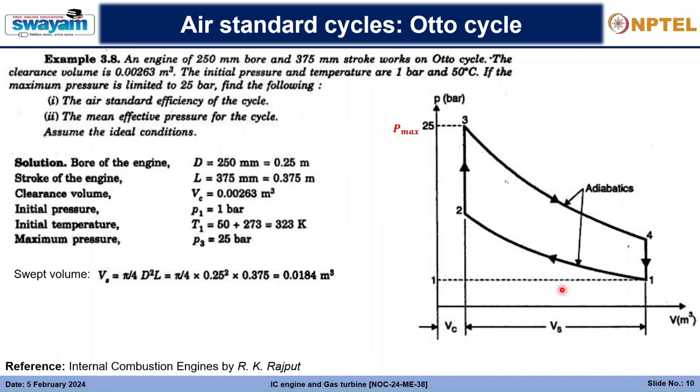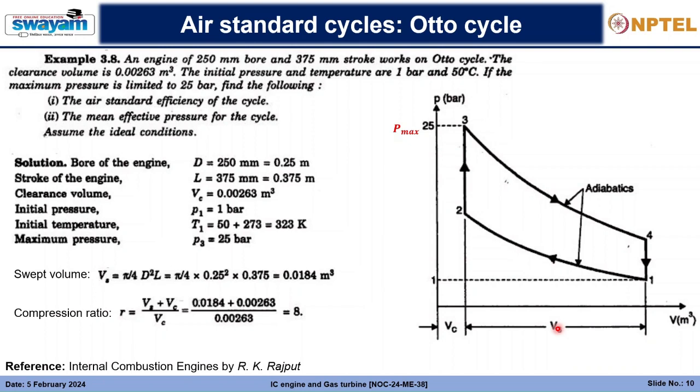So what I commented earlier is not correct. We do not know the V1 from this top statement. We rather know the Vs till which the piston displaces. So that's the swept volume, and we get the compression ratio r as Vs plus Vc divided by Vc, that is 8.